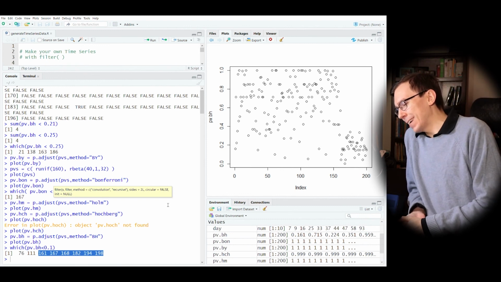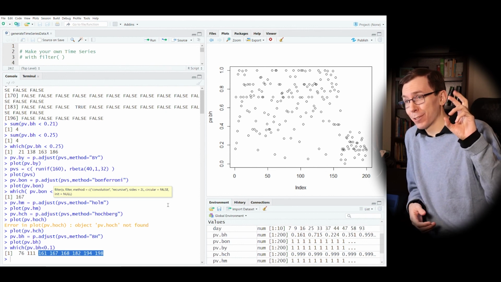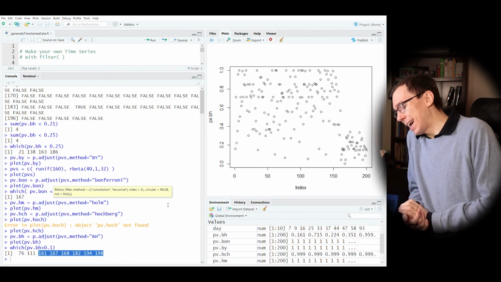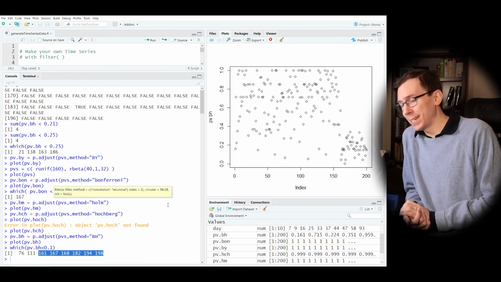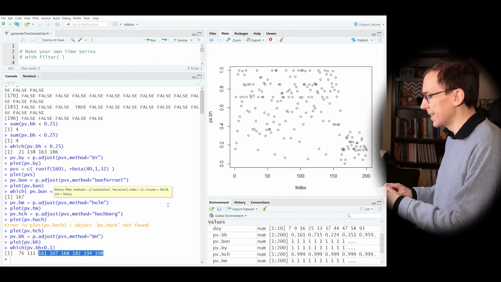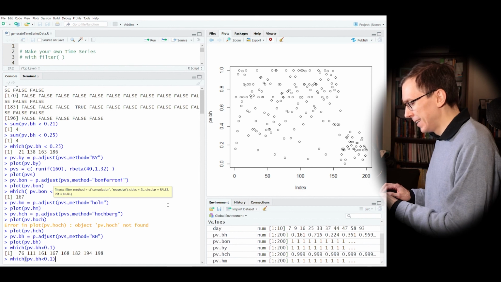So, okay, it's more like 25% false positives, or false discoveries, I should say. 25% false discoveries instead of the desired 10%. But again, presumably, if we were to do this over and over again, we would get on average about 10% false discoveries.